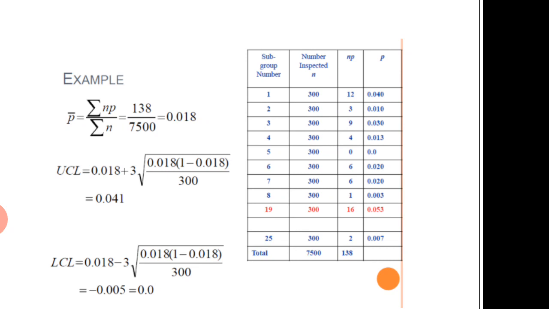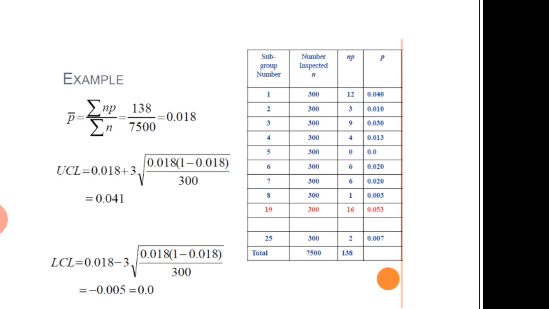NP is given, that is the defects. The NP type defects are 12, 3, 9, 4, and so on up to the last, subgroup 25, where it is 2. Similarly, the P type of defects is also given here, 0.04 fraction, as we said, then 0.010, and it goes on like that.